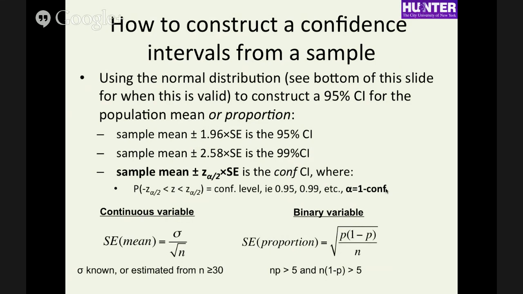The margin of error is half the size of the confidence interval. So it's the amount above and below the point estimate. The range is twice the margin of error.